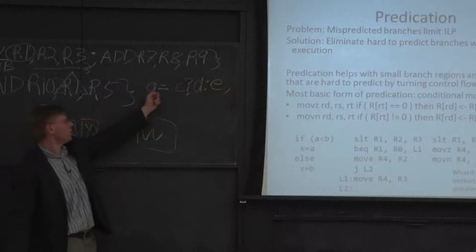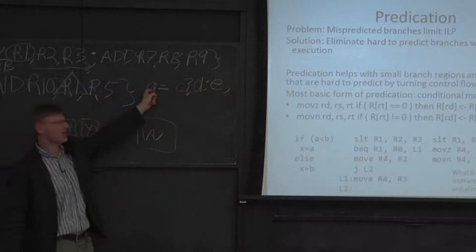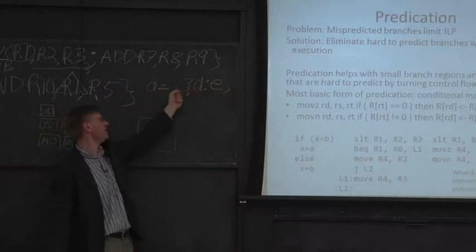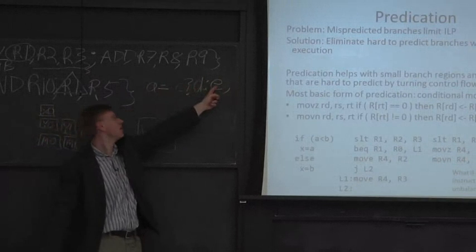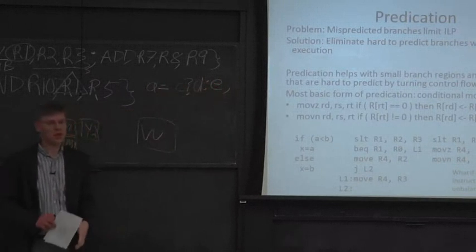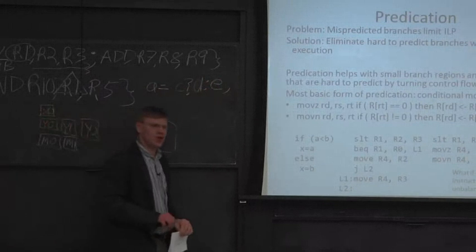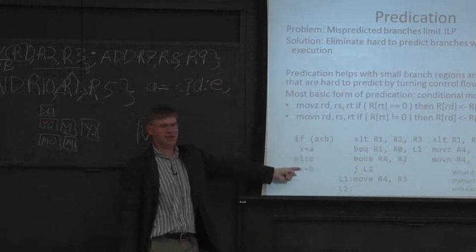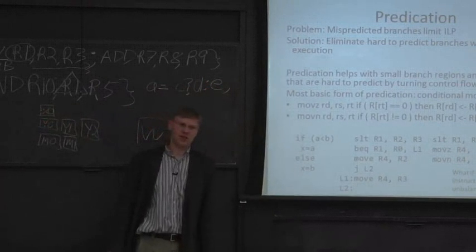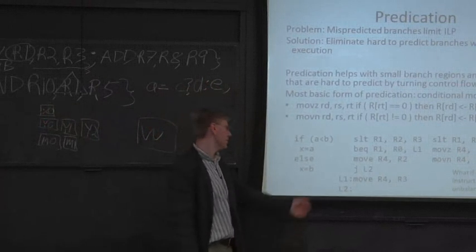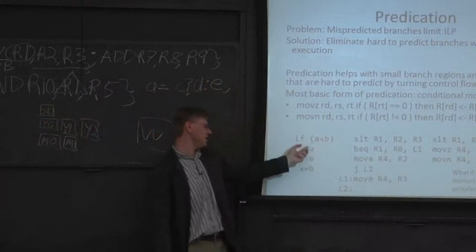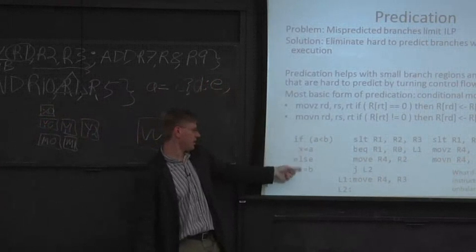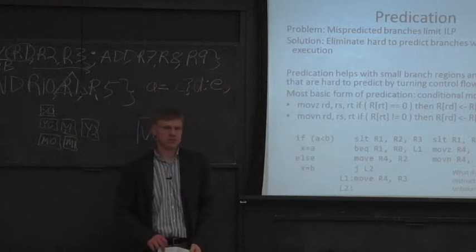Well, it loads A. If C is true, it loads A with D. If C is false, it loads A with E. You can think about actually doing this with some sort of if-then-else piece of code, which is pretty common. If A is less than B, X gets A versus X getting B. That's our select operator.